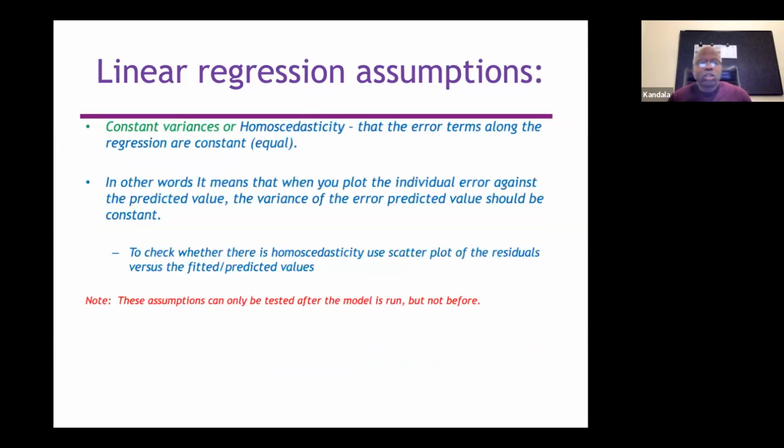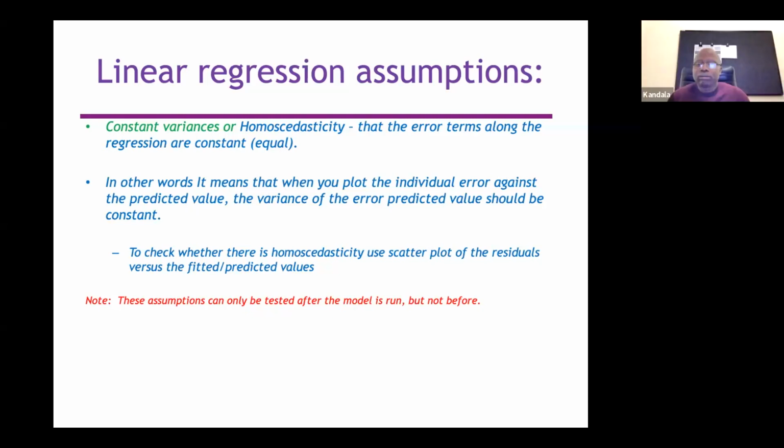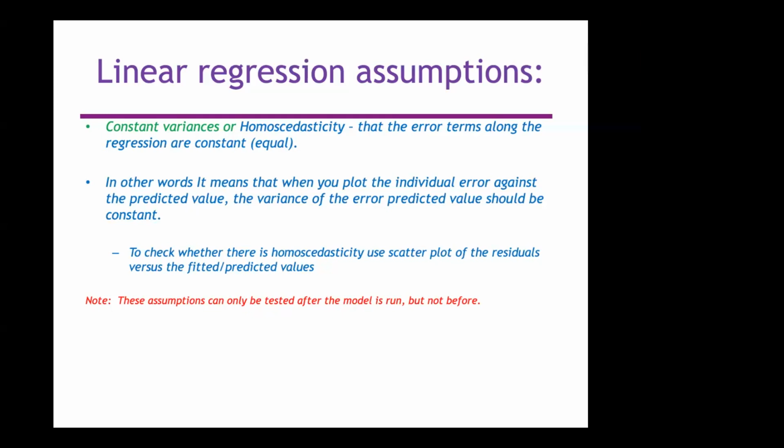And then for the constant variances, the error along the regression must be equal, meaning that it is constant. So when you plot the individual error against the predicted value, the variance of the error will be really constant, meaning equal.